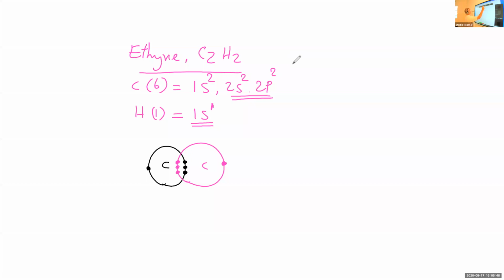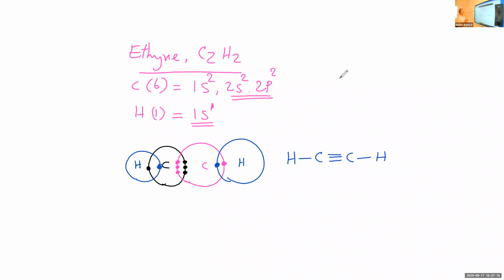Then you come to the hydrogen atom. See here hydrogen with a single electron. Here also a single electron. Here also there is a hydrogen atom with a single electron. See, like this. So there will be hydrogen, single bond, carbon, triple bond, carbon, single bond, hydrogen, and that is the structure of an ethyne molecule. And there is a carbon-carbon triple bond between the carbon atoms in the ethyne molecule.